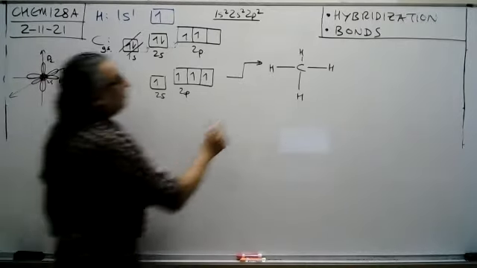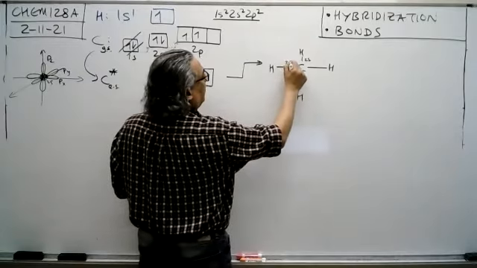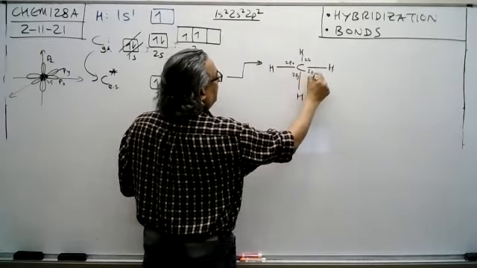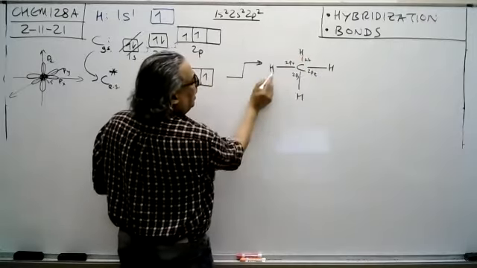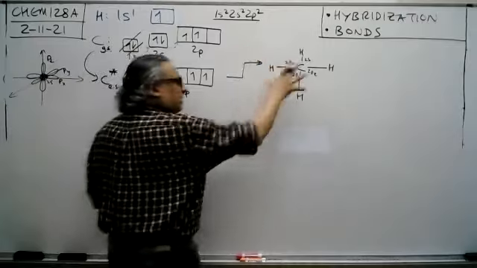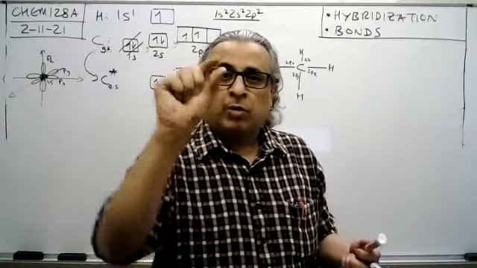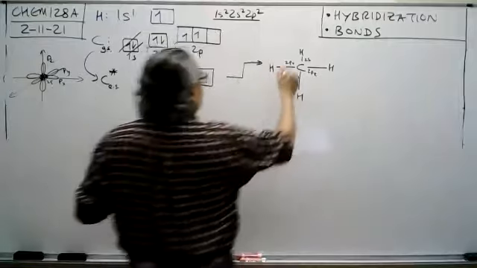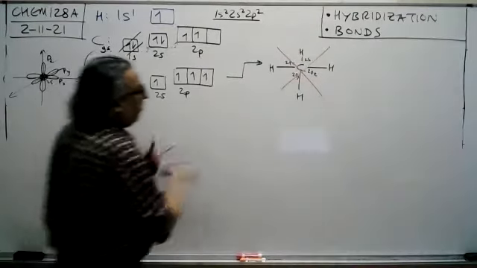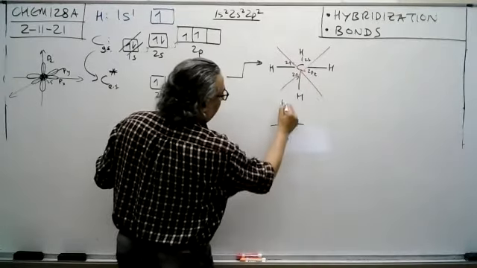This is made from the 2s orbital, this from 2px, and let's say this is made from 2py and 2pz. And these are hydrogen's 1s orbitals. So if that's the case, this is how the methane molecule should look, with 3 long bonds and 1 short bond. But we know that that's not the case. In real life, the molecule has identical bonds.